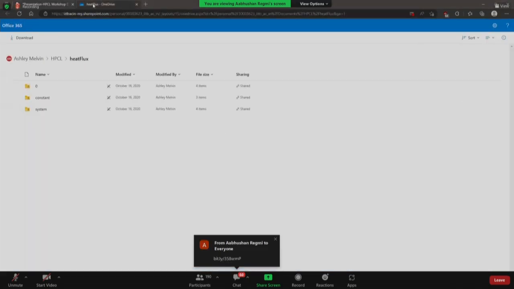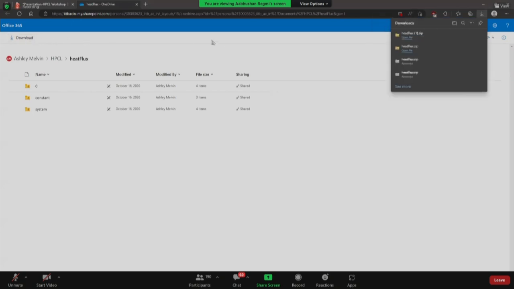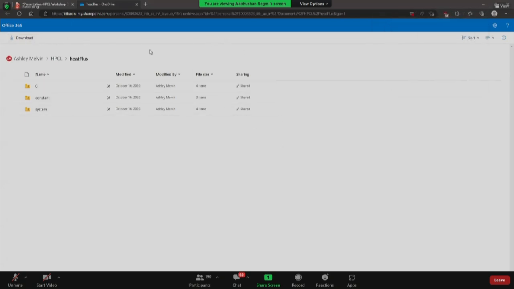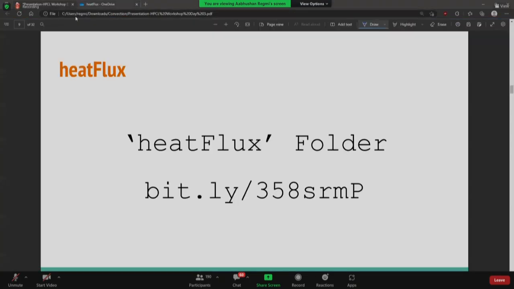So if you click on that link, you will end up in this OneDrive. And if you click on this download, you will download this heat flux. I'm going to click on it. So it is downloaded. So we'll be using that file later on.